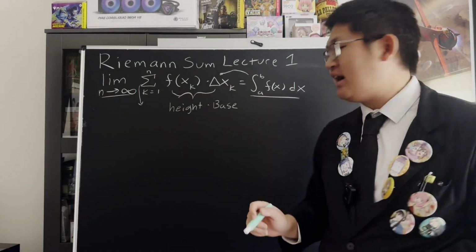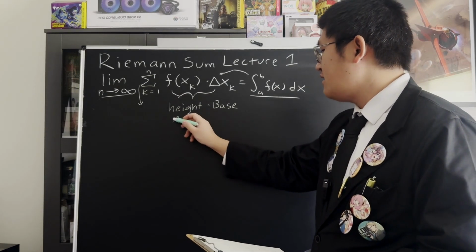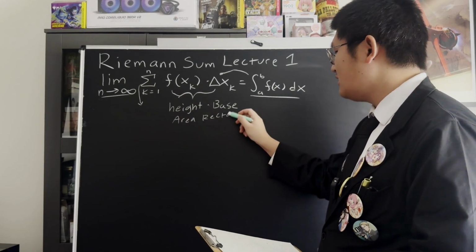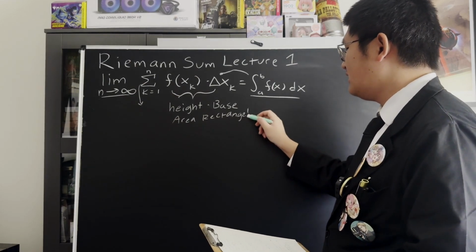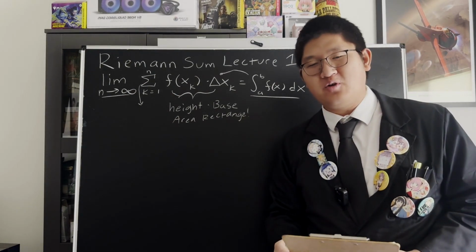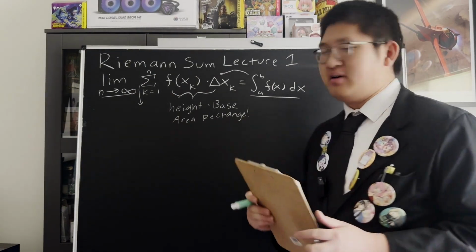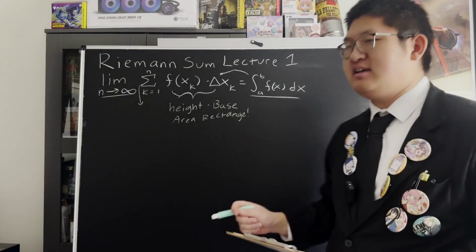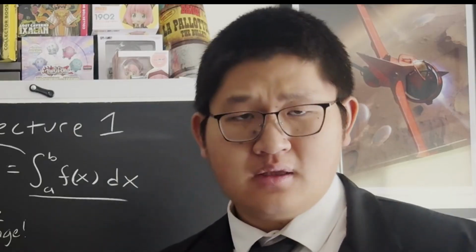A base times a height sounds awfully like an area of a rectangle, doesn't it? Oh yes, indeed. That is exactly the way that we're going to do the next part of our integration solving, by actually understanding it as an area.